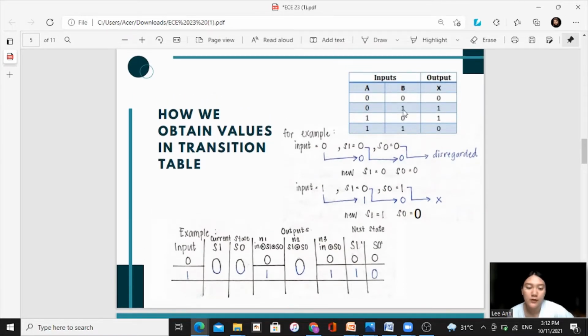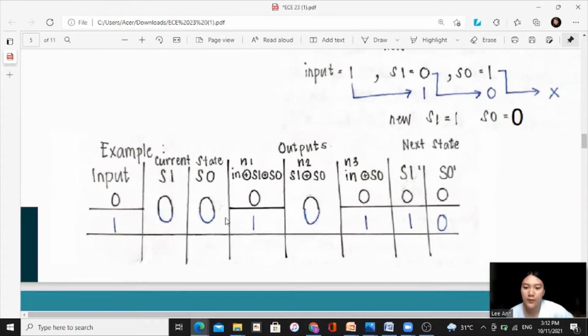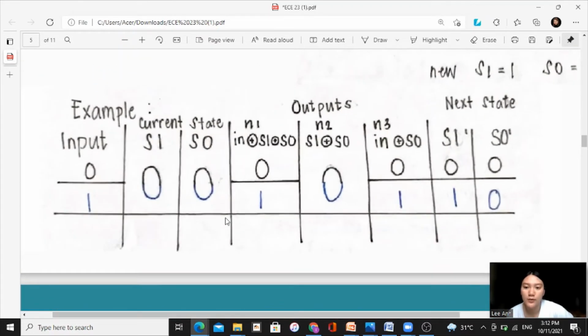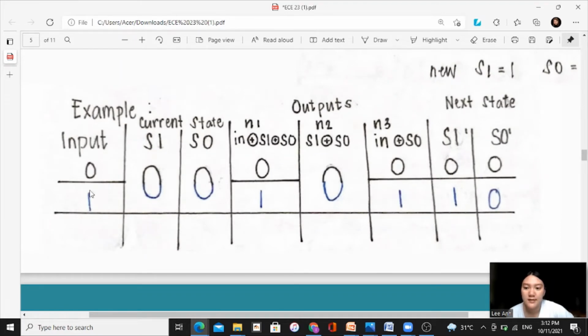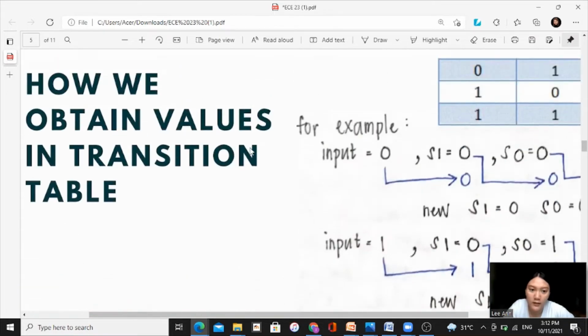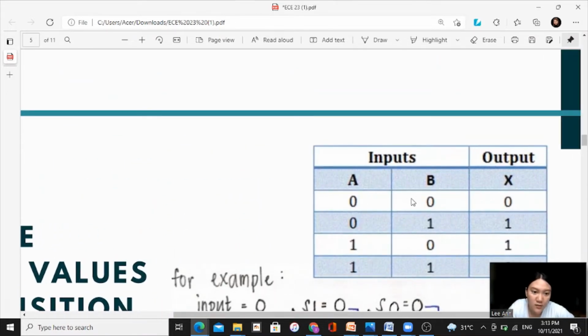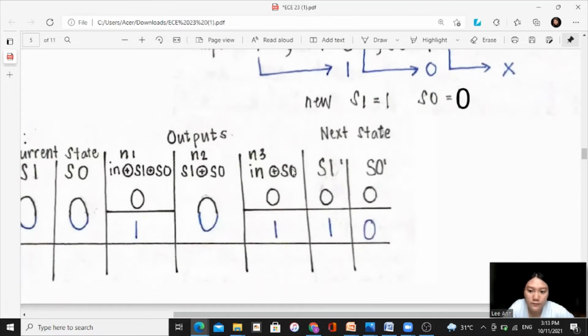We have here the truth table of XOR, and for an example of determining the outputs, since the only given are the input and the current states, this part is blank. In finding the value of N1, first we XOR 0 and S1, so 0 XOR 0 is 0.